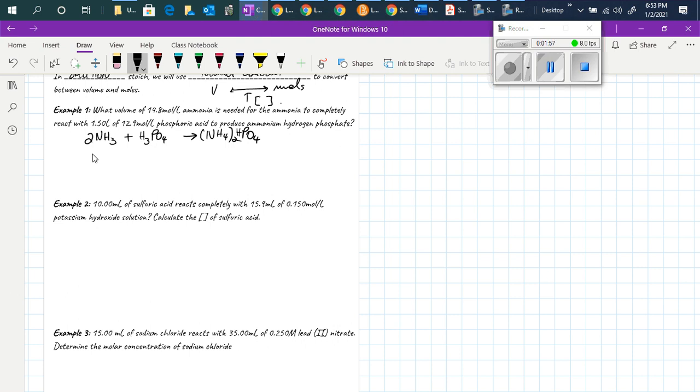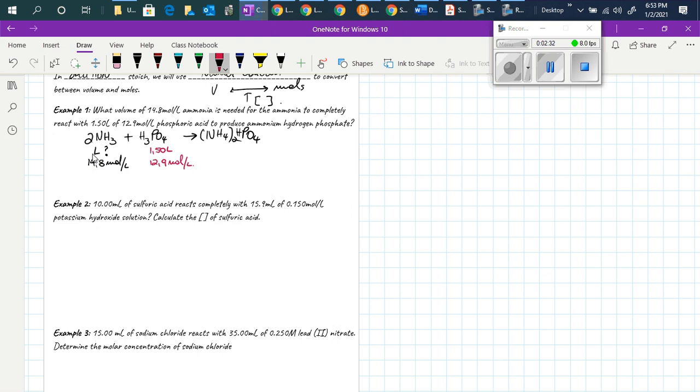First of all, what is given here is that the volume, in liters, is the question mark, of ammonia of 14.8 moles per liter to react with phosphoric acid. I will write it in a different color so you can see. 1.50 liters of phosphoric acid at 12.9 moles per liter.